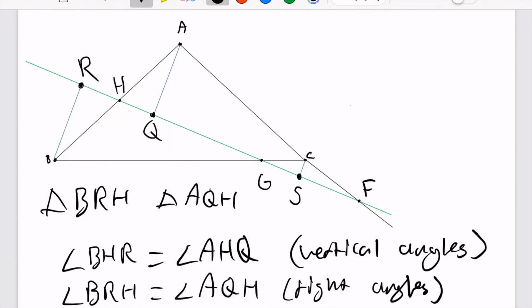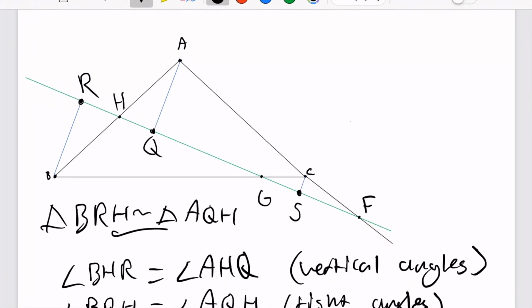Okay. So now we have two angles in common. So if two angles in each triangle are equal, that means they're similar, because of the AA similarity criterion. So those are similar. Now I'm going to keep track of this by putting it up here.